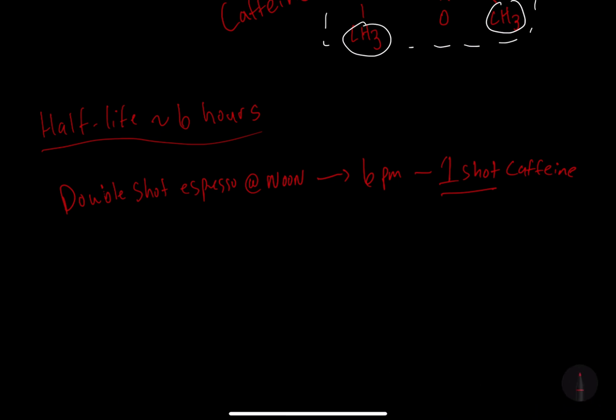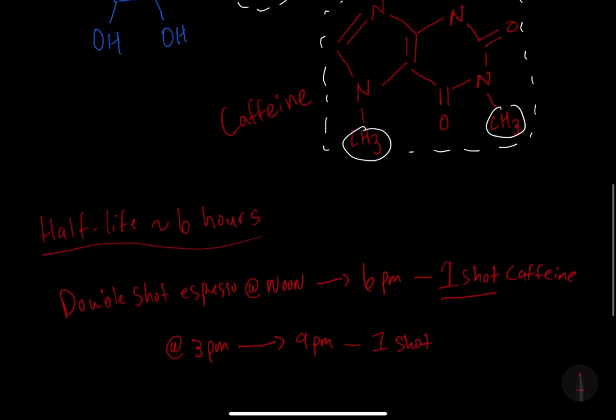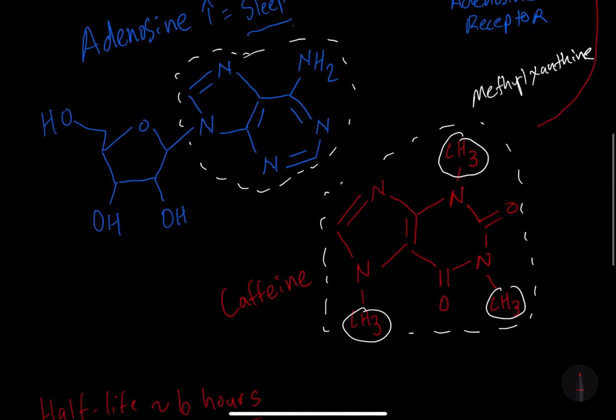You could do the same thing if you said, hey, I had a double shot at 3 p.m. Well, by the time you're getting ready to go to bed, let's call that 9 p.m., you're still going to have one shot, okay? And the same thing, if you had a quad shot, then you're going to have two shots in your system. I love quad shots of espresso, okay? I really wanted to illustrate that just to show that that's really how the system works.